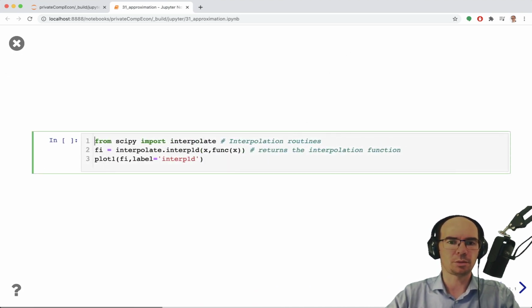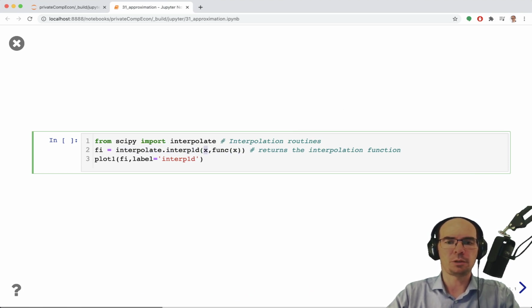All right, so first let's import the interpolate module from SciPy. And there's a function there which is called interp1d. So this is one-dimensional interpolation. That's probably the easiest case. It's one-dimensional linear interpolation, the easiest one to run, just like that.